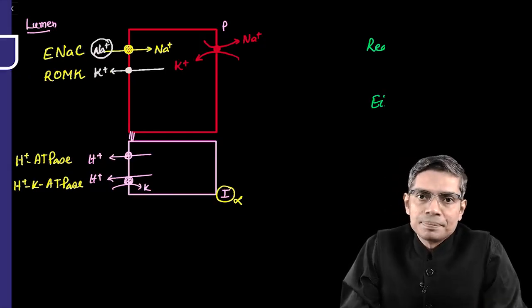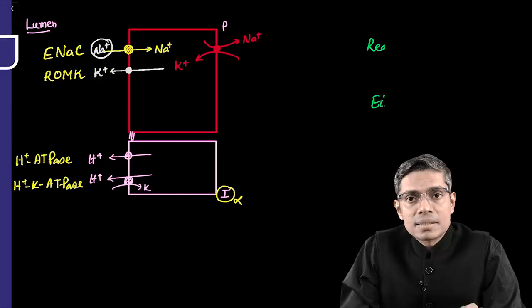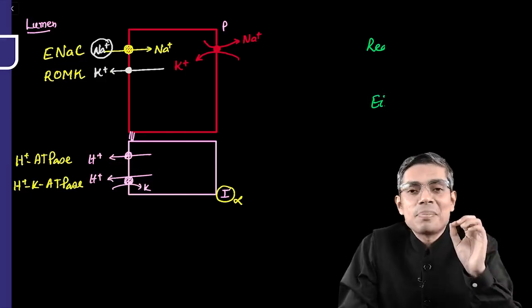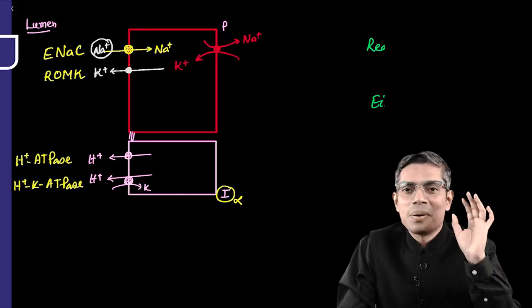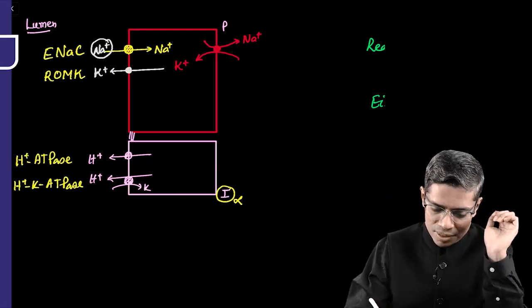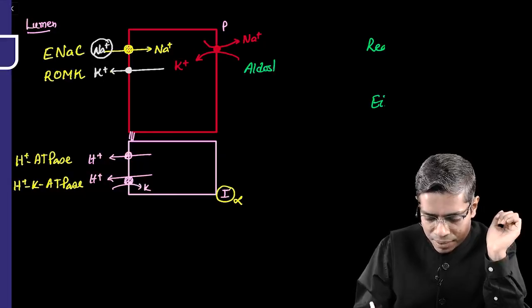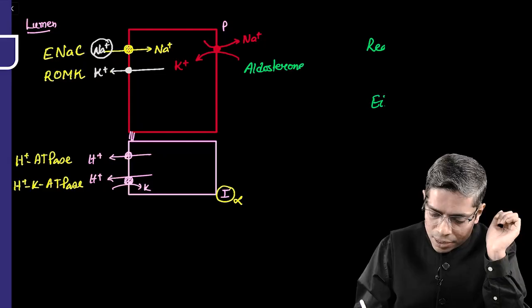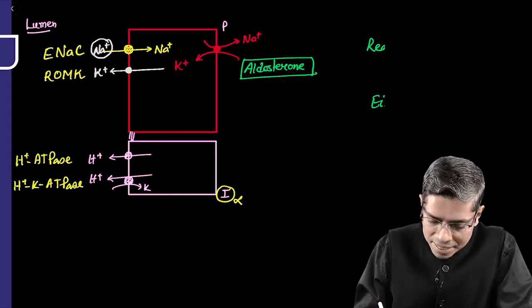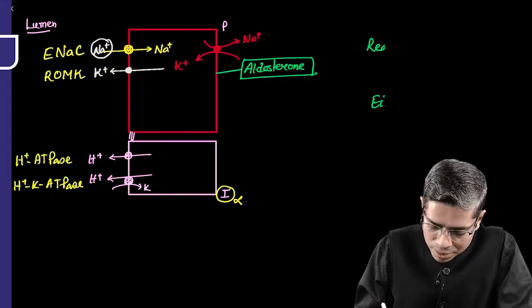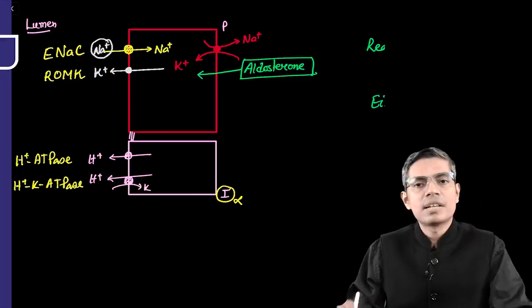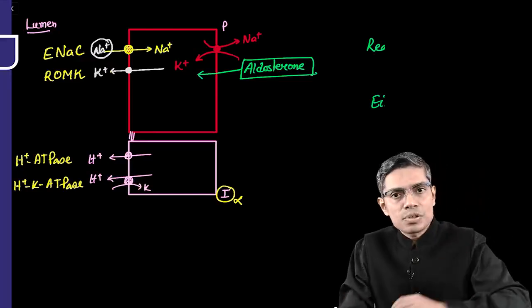Why is this important? Because this collecting duct cell is the site of action of many hormones. What are those? First, aldosterone. The aldosterone hormone will directly enter through the plasma membrane because it is a steroidal hormone.